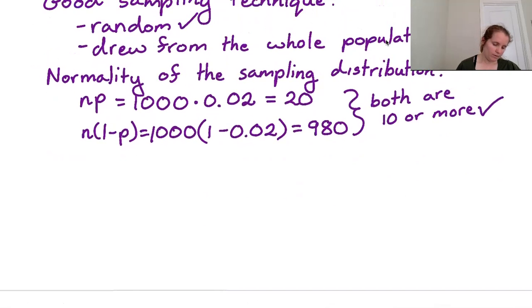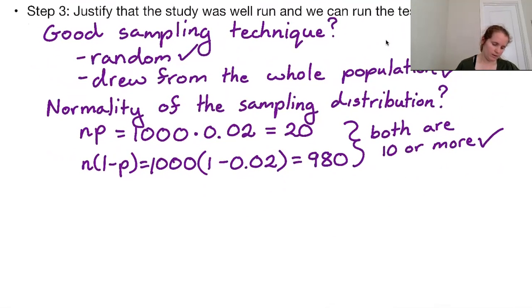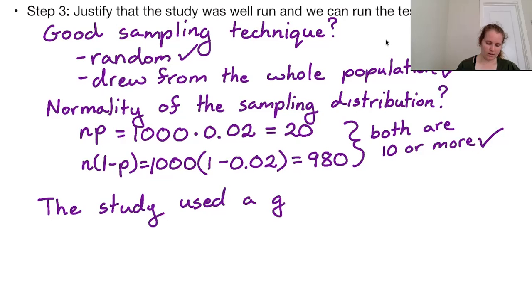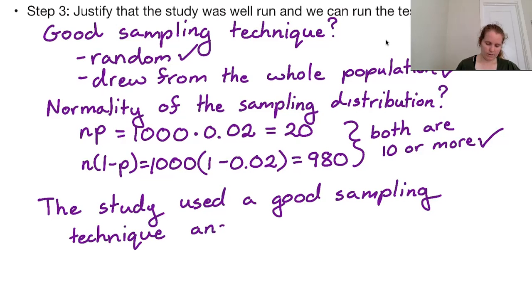The study used a good sampling technique, and the conditions were met.